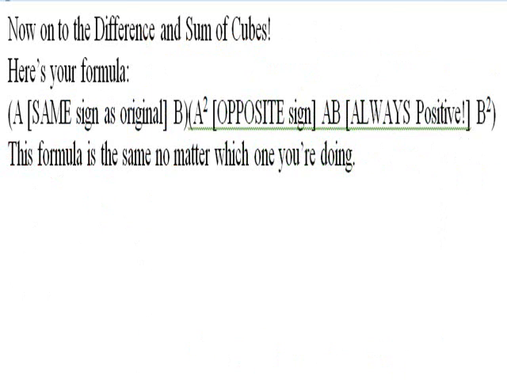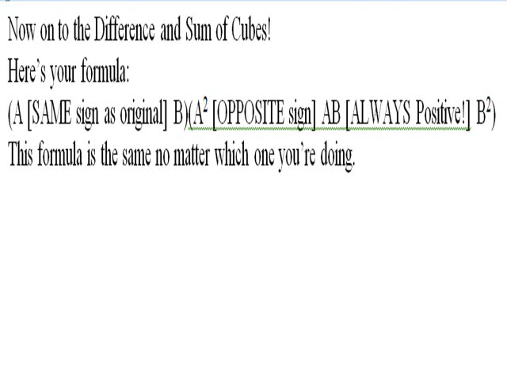Okay, so now we're going to start on the difference and sum of cubes. Here's your formula. a, same sign as the original. b, parentheses again, a squared, opposite sign as the one you used before. ab, and then always positive, b squared, and parentheses. This formula is the same no matter whether you're doing difference or sum of cubes.